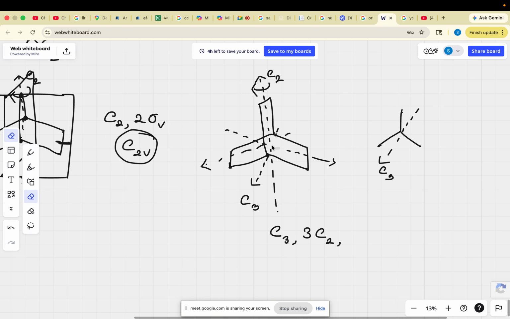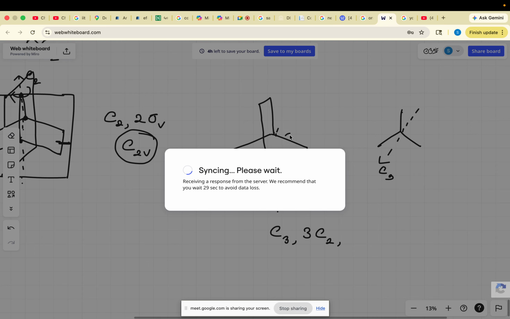You can see the sigma v. Where is sigma v present? Sigma v is also present here. Can you explain where you will get the sigma v?